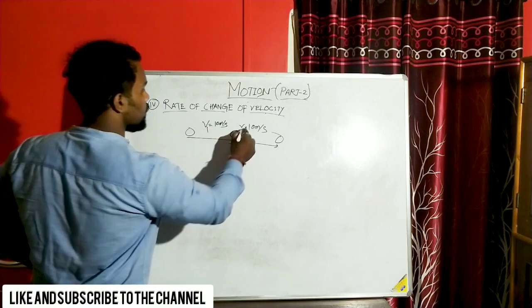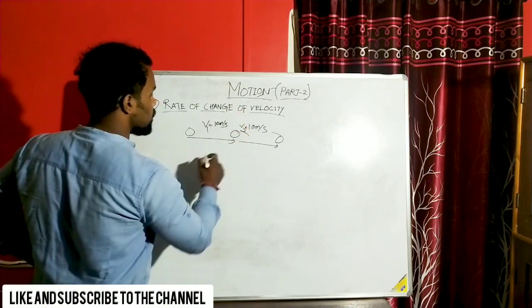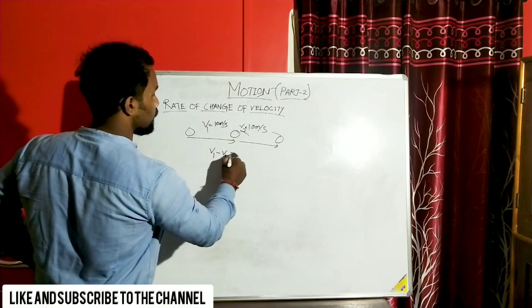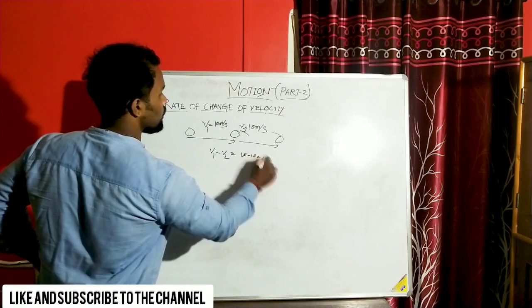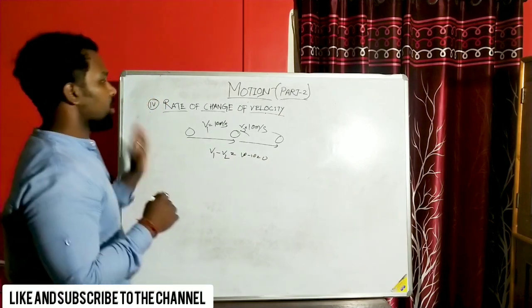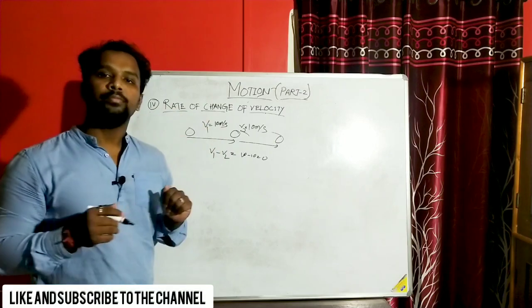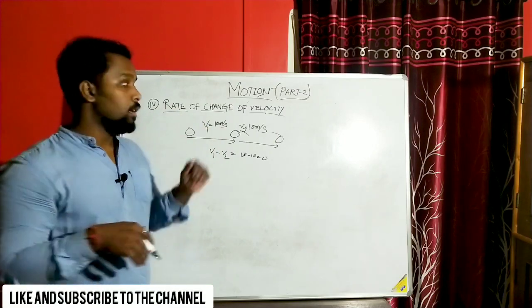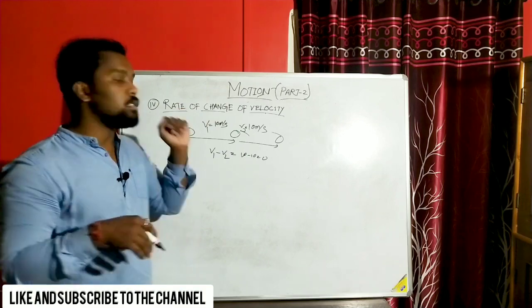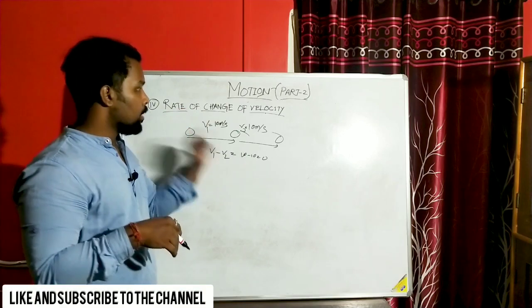Now if it is v1 and v2, then the change of velocity is v1 minus v2, which is 10 minus 10 equals 0. So in uniform motion, the change of velocity is 0, that means the rate of change of velocity is 0.